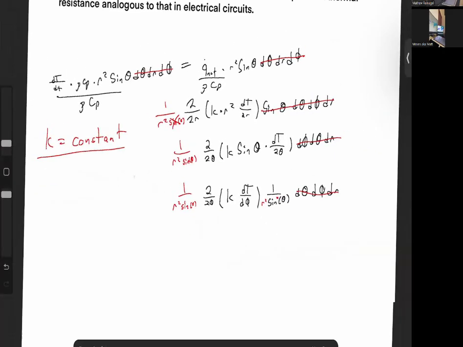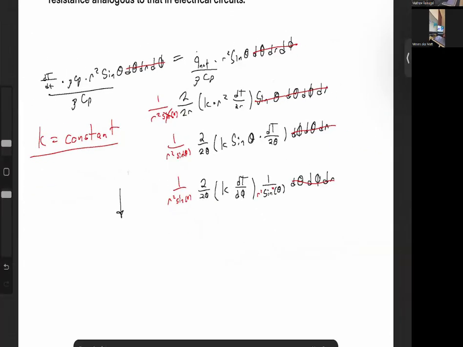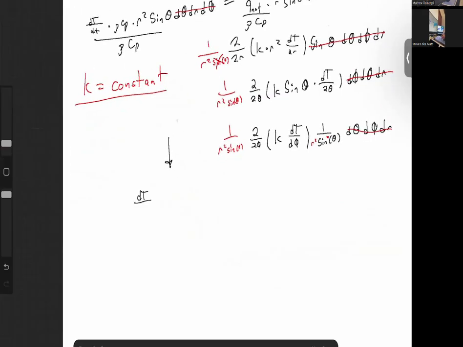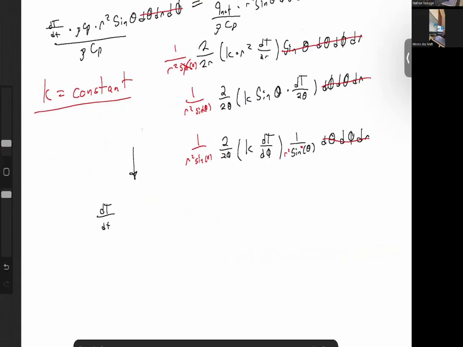So now what we can do is have a final simplified expression of dT/dt equals, in this case, thermal conductivity multiplied by 1 over r squared multiplied by the derivative of temperature with respect to r of r squared times the change of temperature with respect to r.